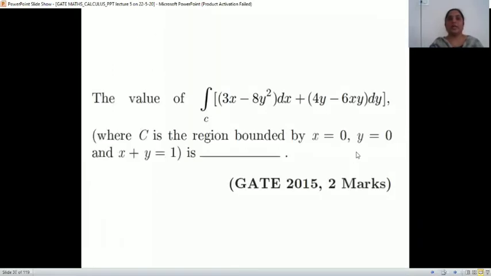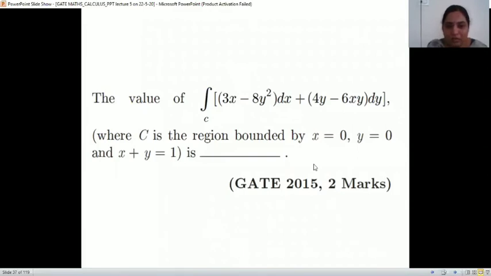Okay, next question. The value of the integration of 3x minus 8y square dx plus 4y minus 6xy dy, where C is the region bounded by x is 0, y is 0, and x plus y is equal to 1, is... Okay, here is the question.